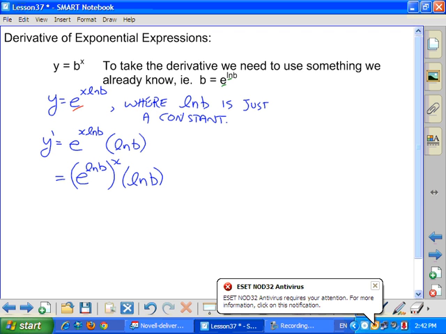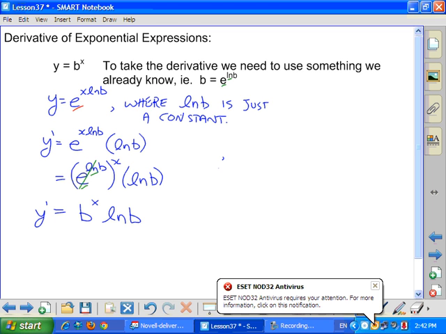Once I do that, we see that e and ln b are inverse functions, they actually undo each other, which leaves you with just the b value. So we end up with b to the exponent x ln b. And there's your derivative when dealing with an exponential.